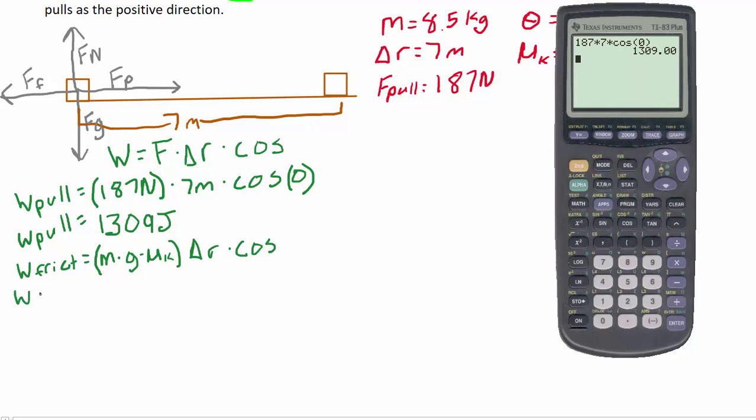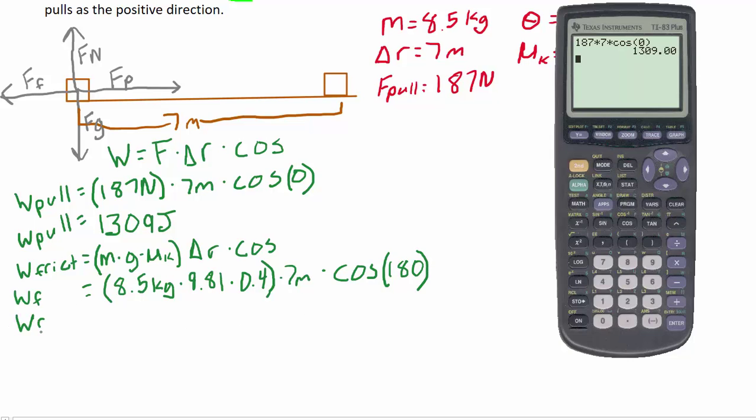And so friction equals 8.5 kilograms times 9.81 times 0.4, and that'll give us the force, and then we can multiply that times 7 meters times the cosine of 180, because it's going the opposite direction of the pulling force.